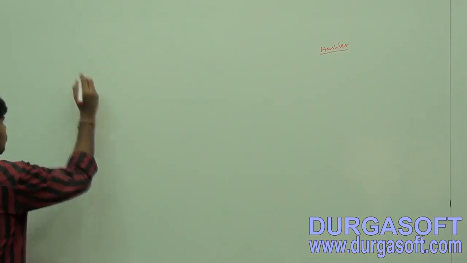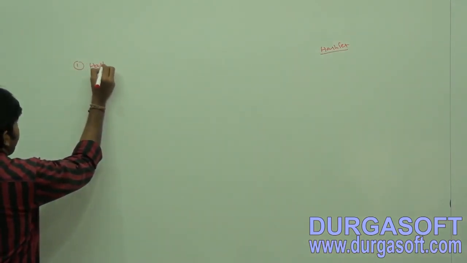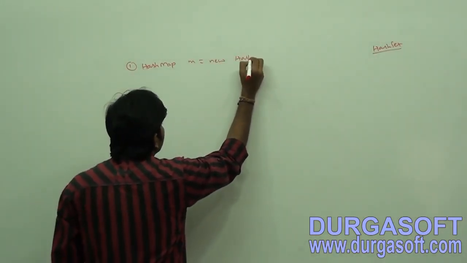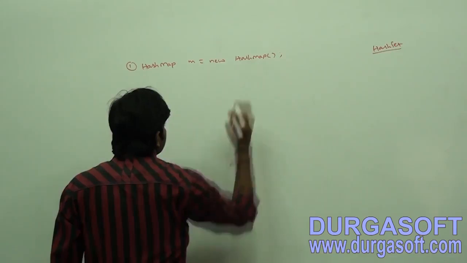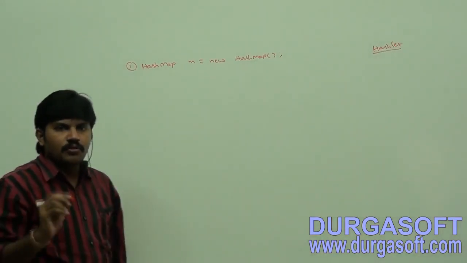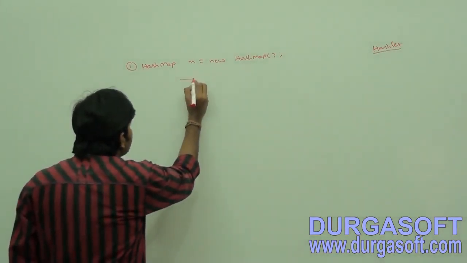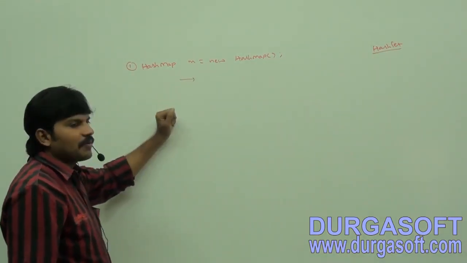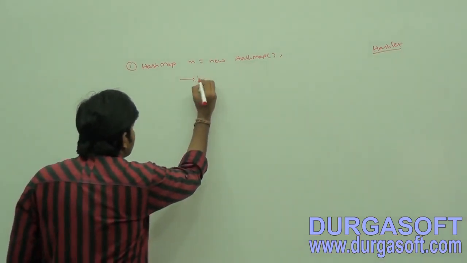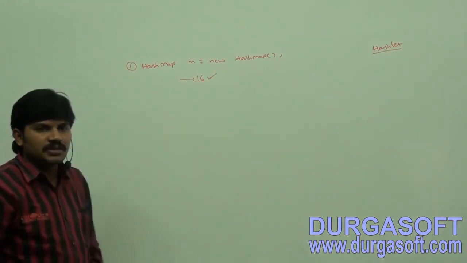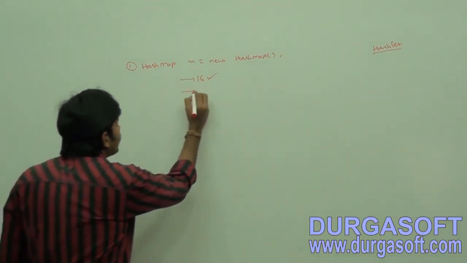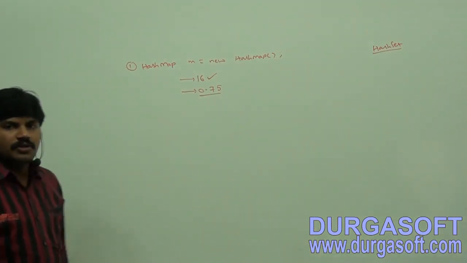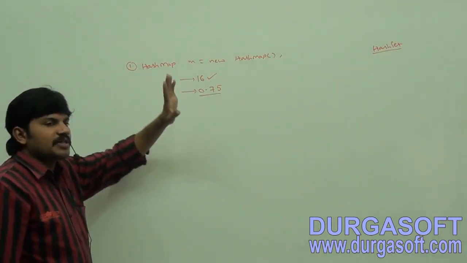Now observe the first one, HashMap m = new HashMap. It creates an empty HashMap object with the default initial capacity 16 and the default fill ratio 0.75.